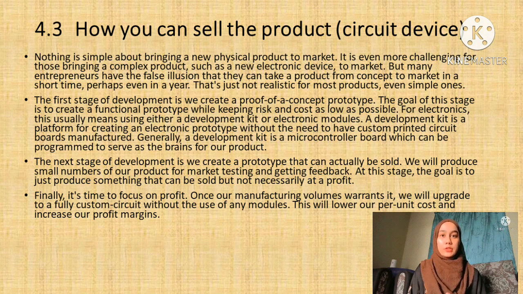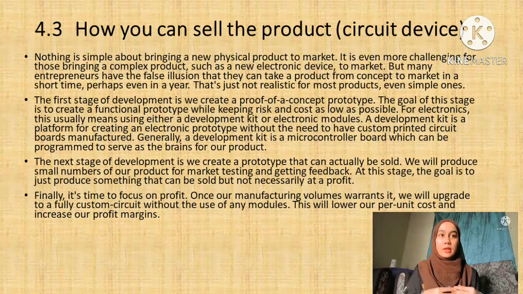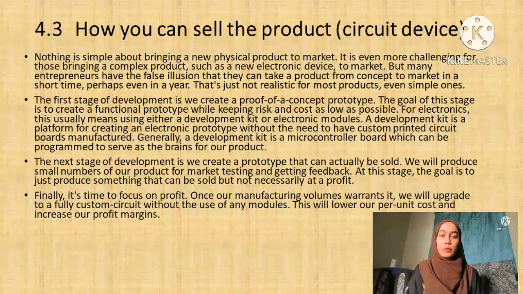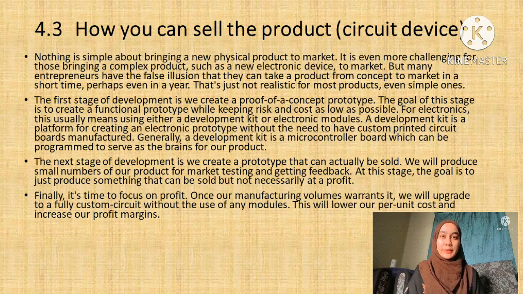The first stage, we will create a proof of concept prototype. The goal of this stage is to create a functional prototype while keeping risk and cost as low as possible. The next stage is we will create a prototype that can actually be sold. We will produce a small number of our product for market testing and getting feedback.